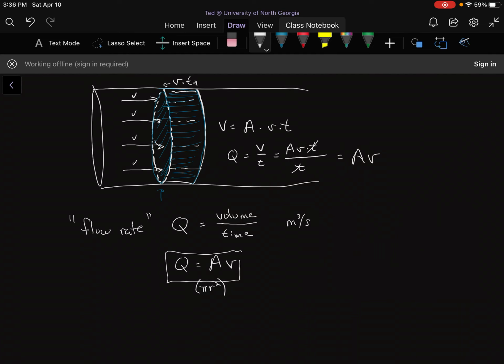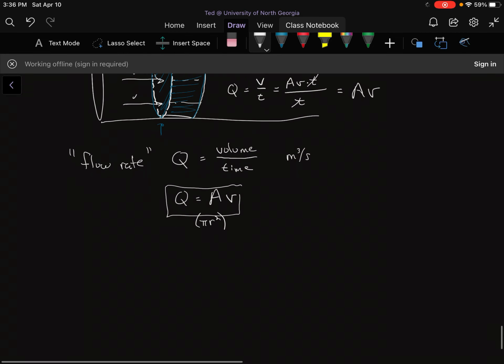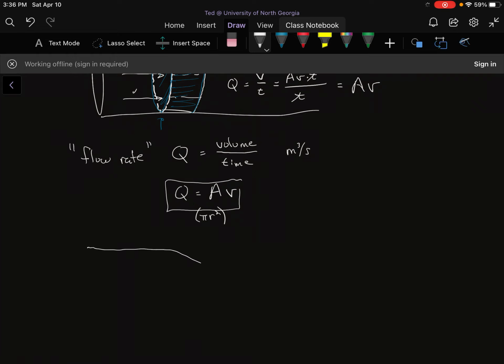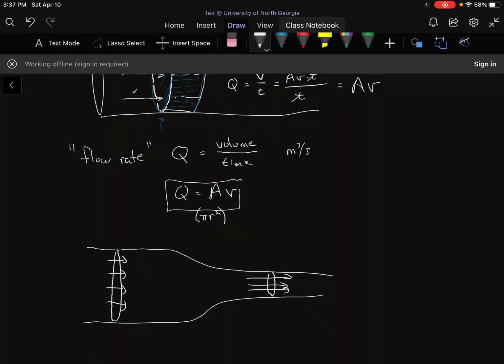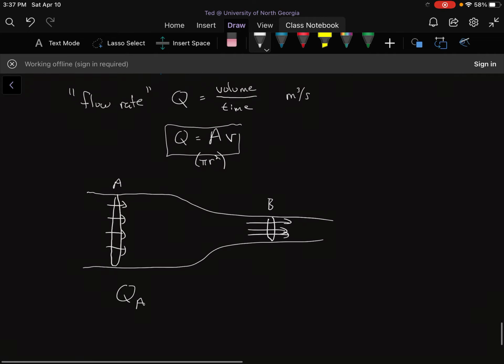So the way we do that mathematically is we say, okay, at any 2 points in the pipe, maybe you've got a point here where you've got water flowing through one part of the pipe, and then you've got a part over here where you've got water flowing through this other part of the pipe, and we could label this point A and we could label this point B. The Q going through point A has to equal the Q going through point B, which means that the area at point A times the velocity at point A has got to equal the area at point B times the velocity at point B.